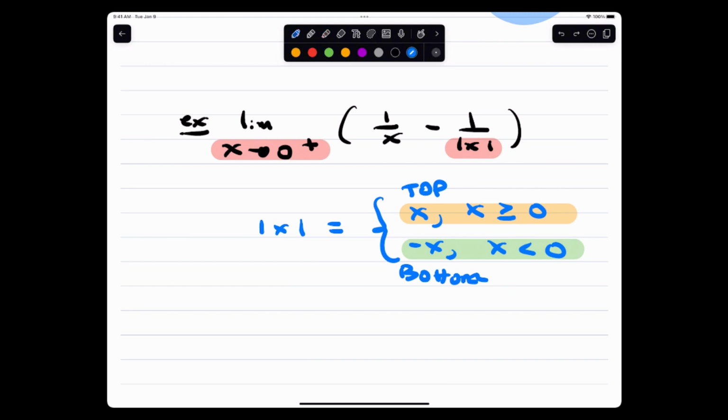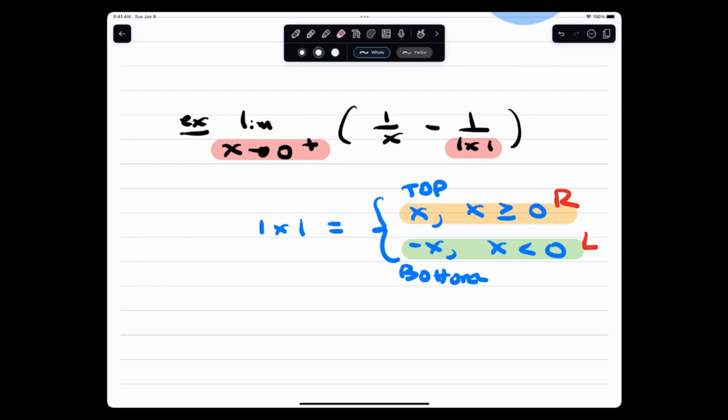Top or bottom? Why the top? All those values, ladies and gentlemen, to the right of 0 are positive. Is that right? So if they say x is going to 0 from the right, that means you have to use that top piece.